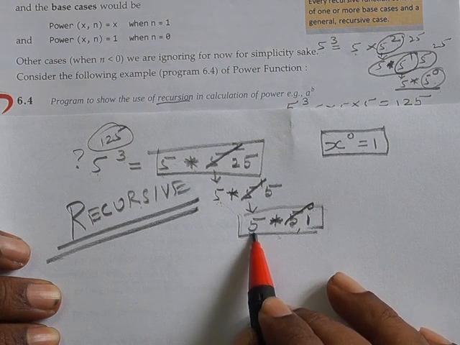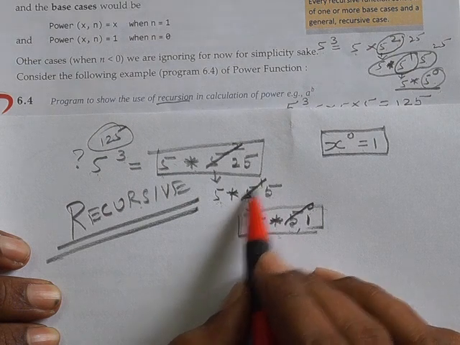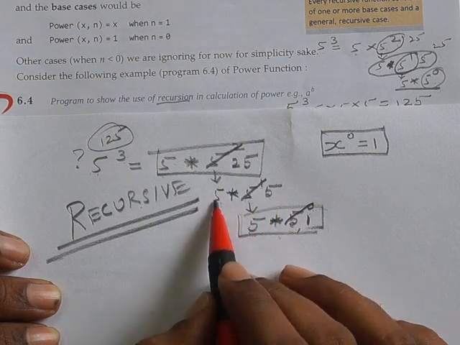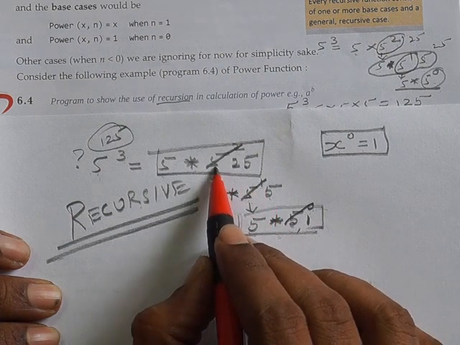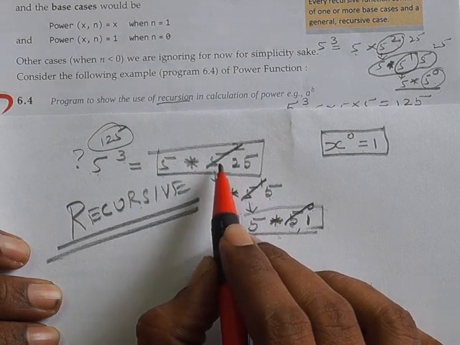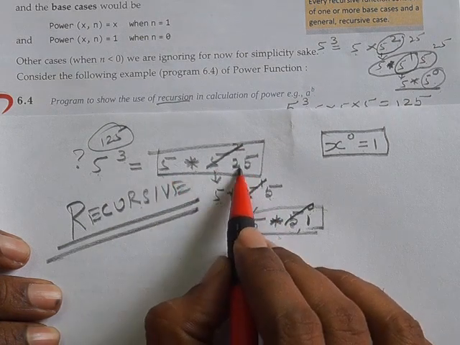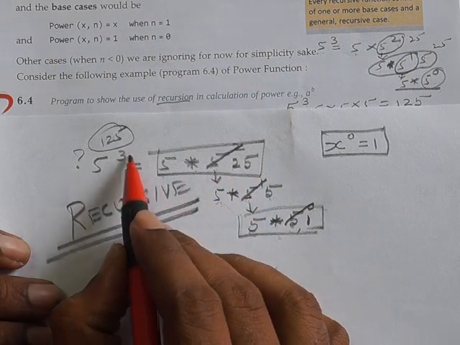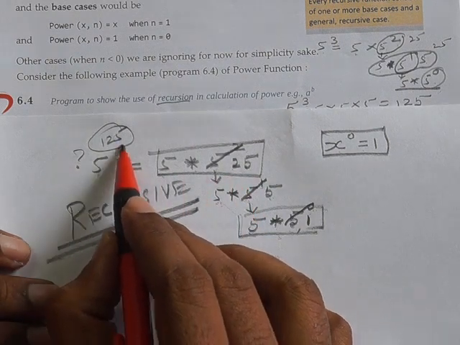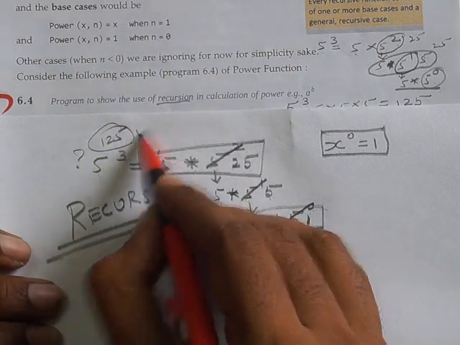So that 5 will be stored in 5 power 1, so instead of 5 power 1 we can write 5. So 5 5s are 25. That 25 will be saved in 5 power 2, so instead of 5 power 2 we can write 25. So 5 into 25, the answer is 125. So instead of writing 5 power 3 we can write 125, such that 5 power 3, the answer is 125. We have found it out.